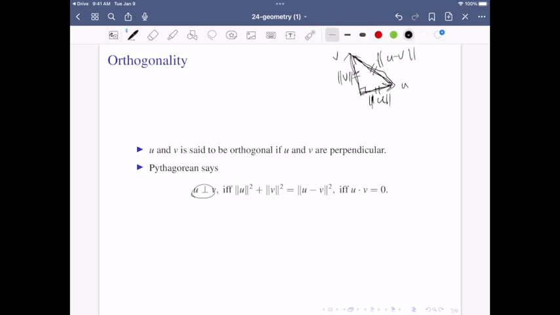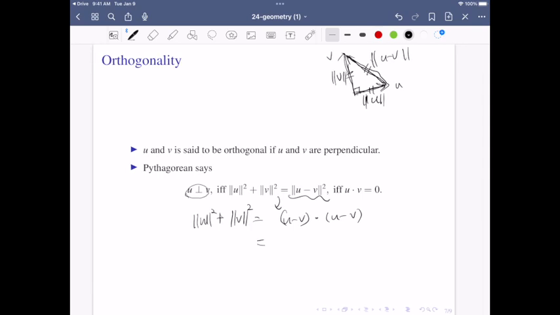Now we can do a little bit more calculation from here. So u squared plus v squared equals the squared length of u minus v, which is the inner product of u minus v with u minus v. We can expand this by the distribution law.